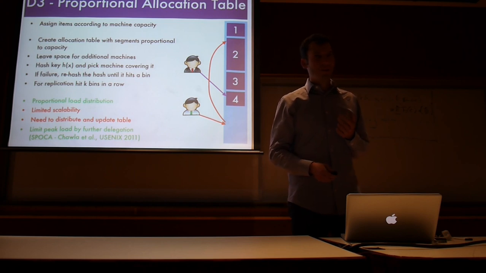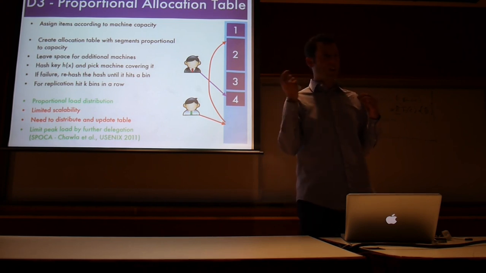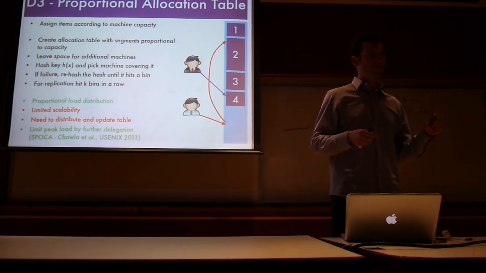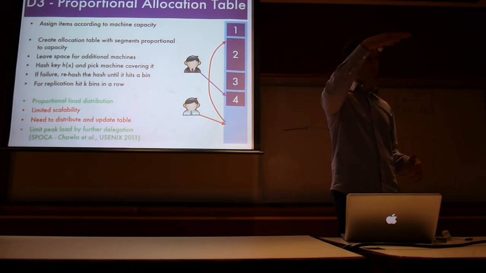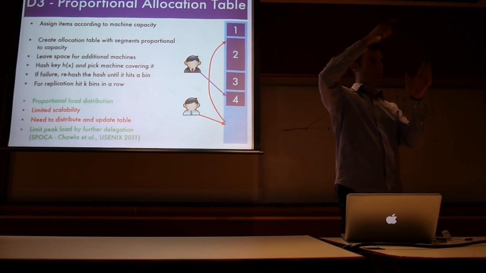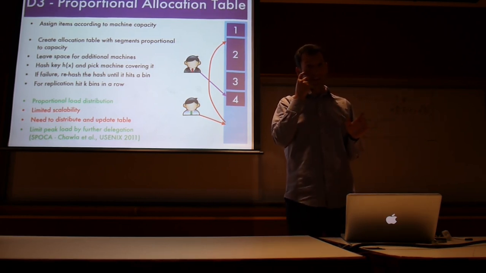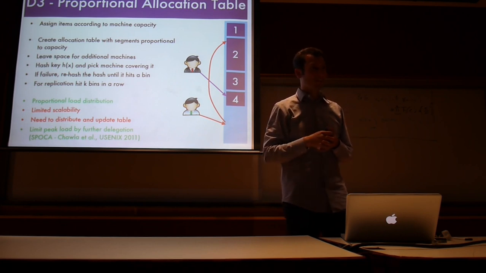But then I also need to make sure I hash machines often enough into the ring so that even a small machine doesn't get slammed with a big workload. Remember the e to the minus k dependence on the scaling factor. And so you're starting to get a lot of inserts into that ring.